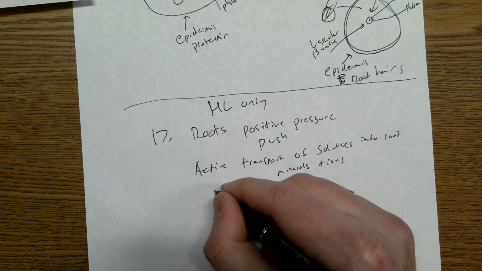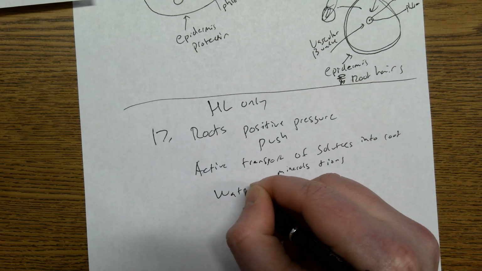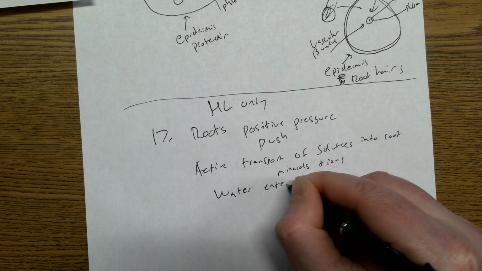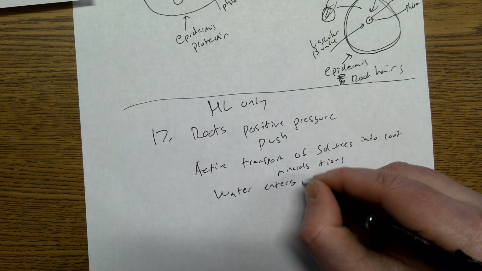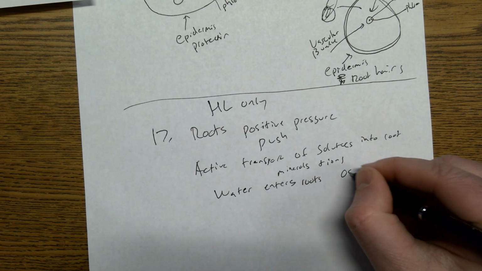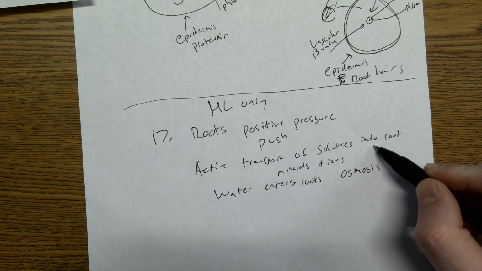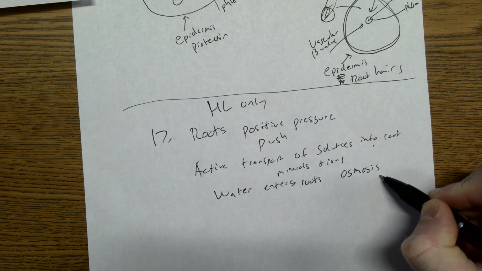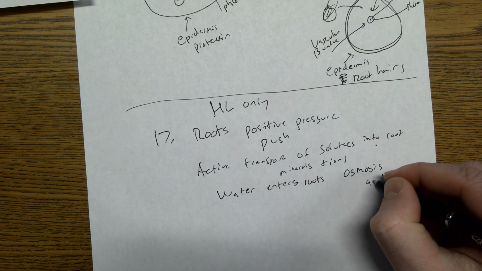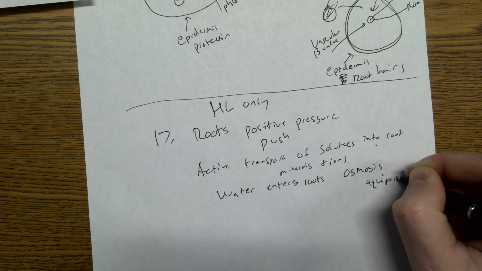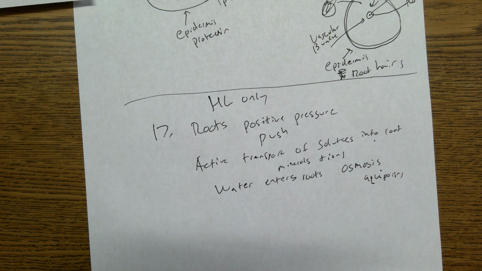They cause water to move in, so water will enter the roots. Because you added those in, water enters the roots through osmosis. Now remember, active transport is protein pumps. Osmosis is a type of facilitated diffusion using aquaporins. Don't forget that, it's a review from the past.